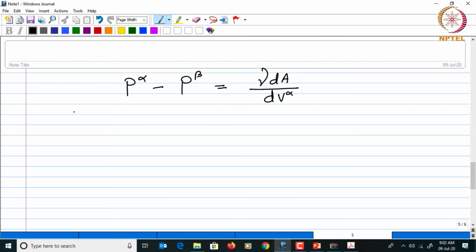So this dA dV is nothing but the curvature of the surface, and if we call that curvature as K, we can simply write dA dV is equal to K, where K is the average curvature of the interface.